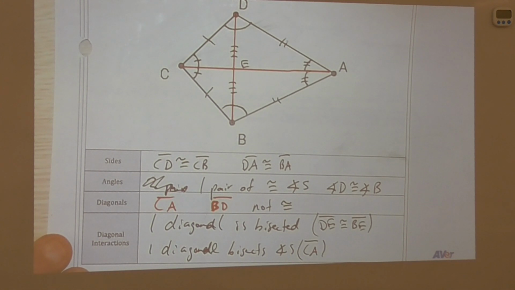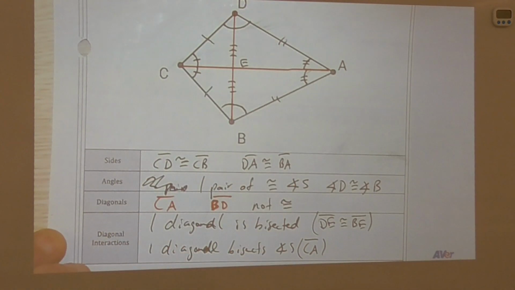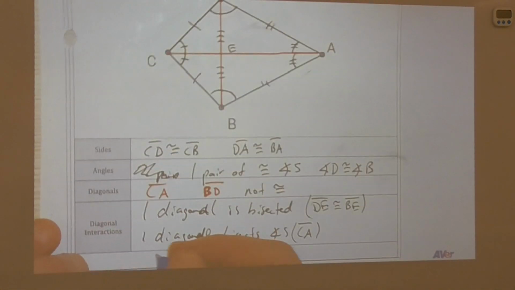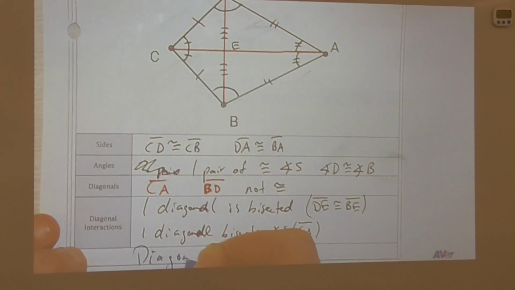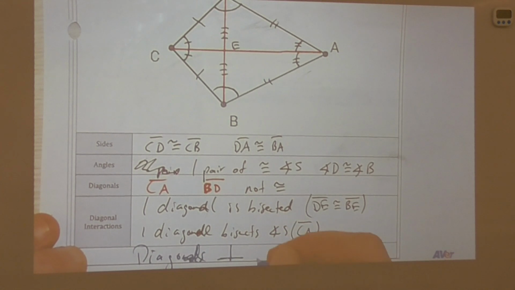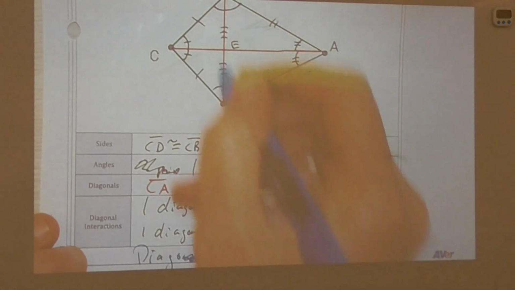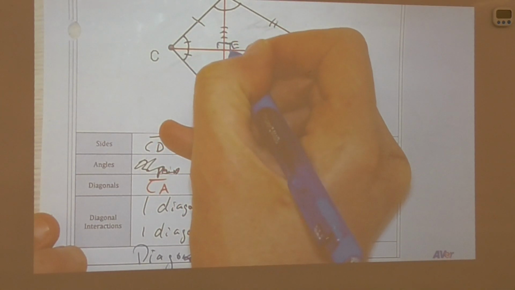Then finally, the diagonals of a kite are perpendicular. So that means we have right angles here.